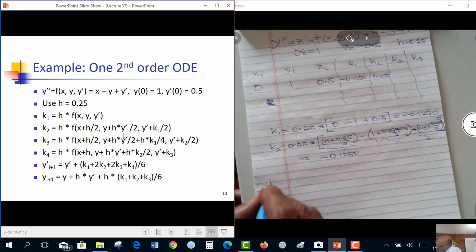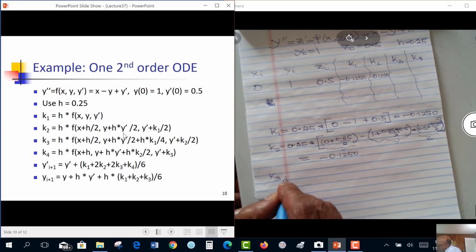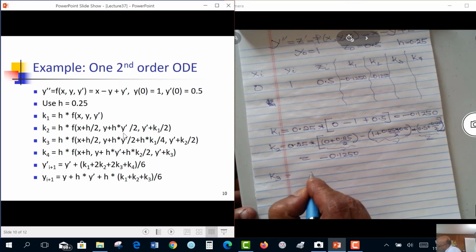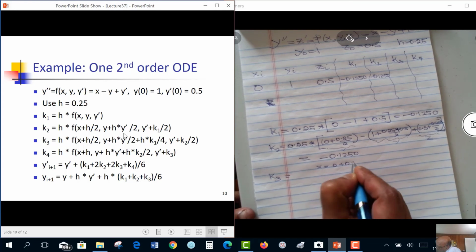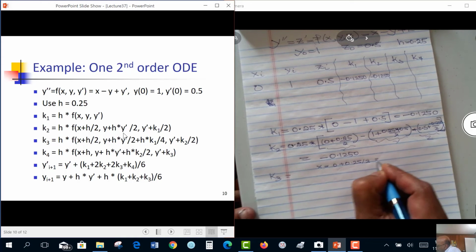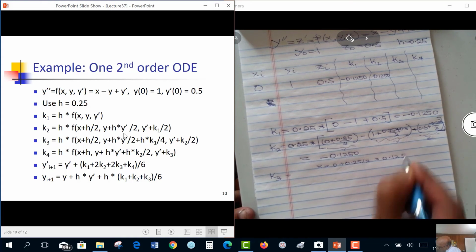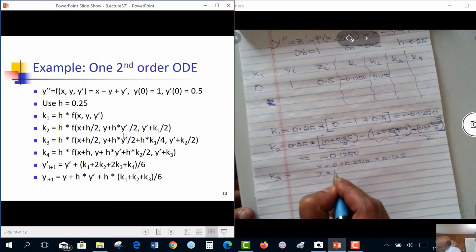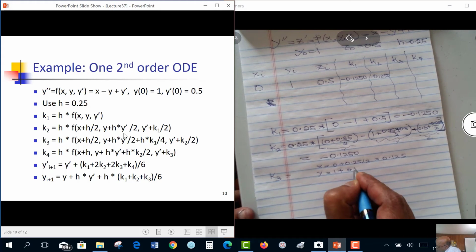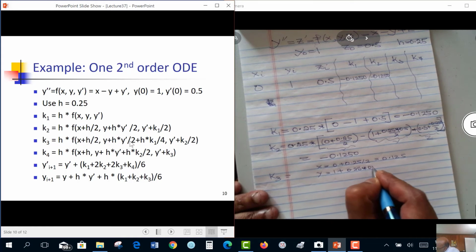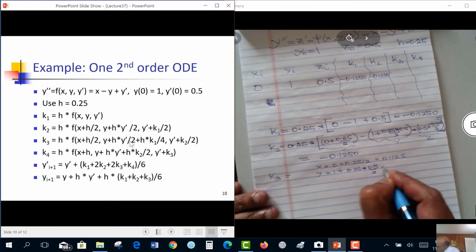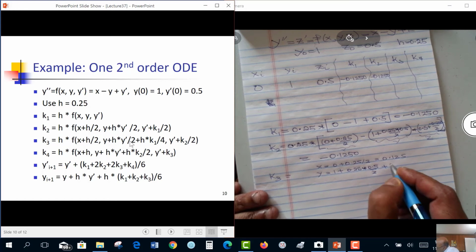All right, let's do K3. So as I was saying, it is easier to first calculate x, which is 0 plus 0.25 over 2. So we will get 0.125. Calculate y, which is 1 plus 0.25. Notice our formula here for K3. H times Zi over 2 plus HK2 over 2.